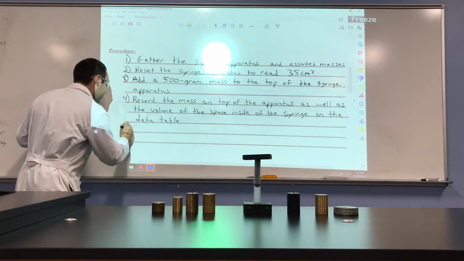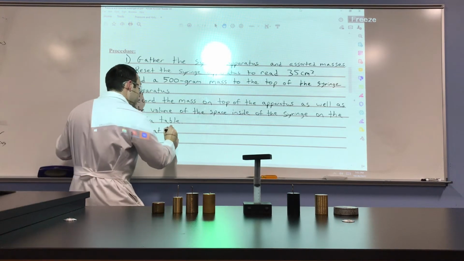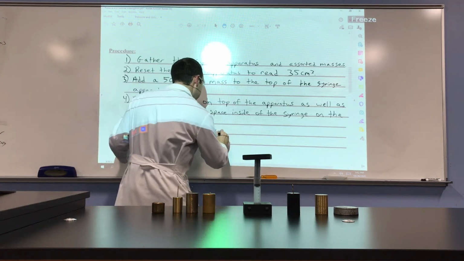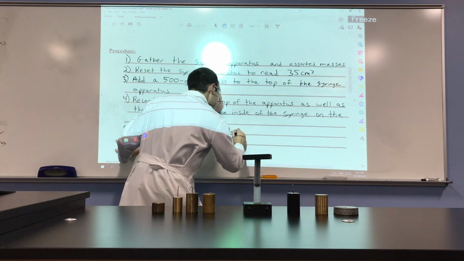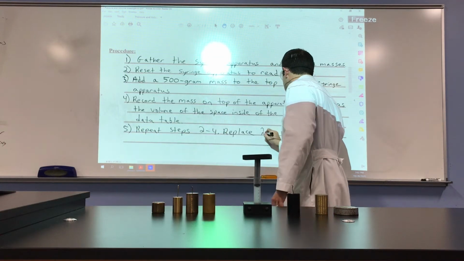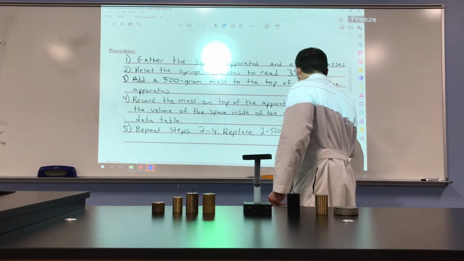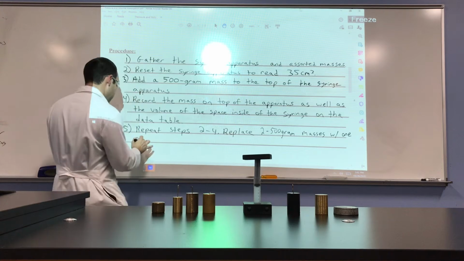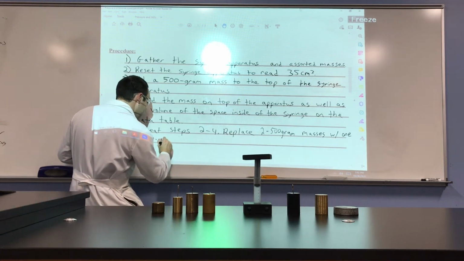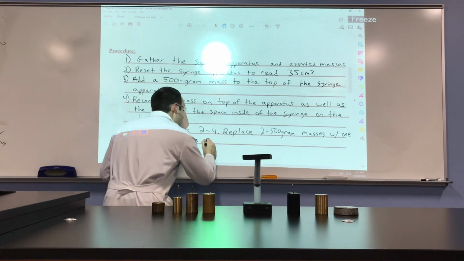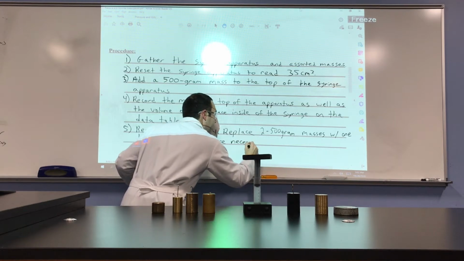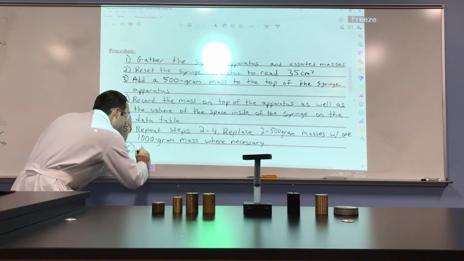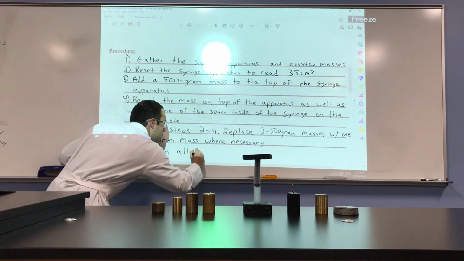Step 5, repeat steps 2 through 4 and replace 2 500 gram masses with a 1,000 gram mass where necessary. And one more. Step 6, our last step is always going to be return all materials.